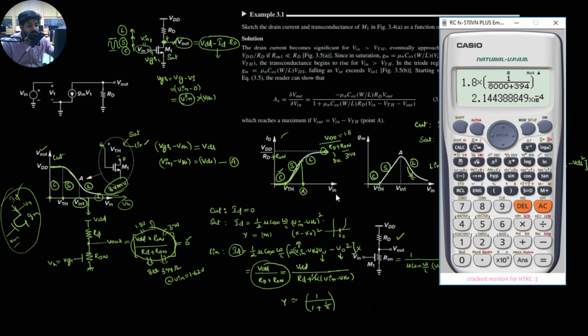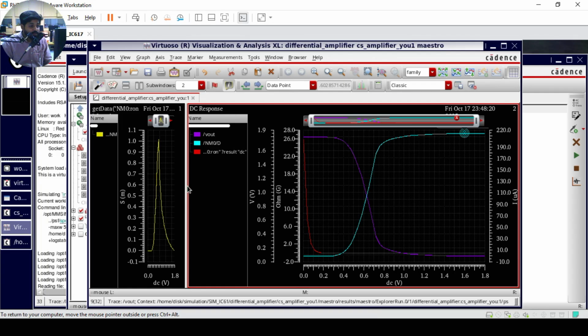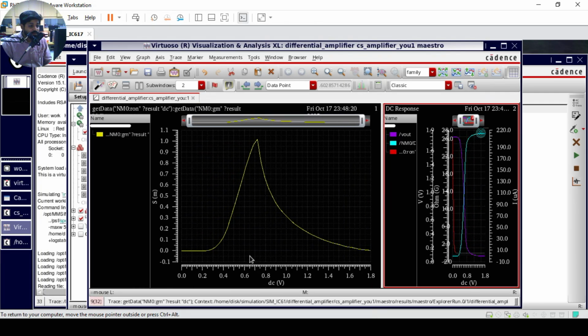So with respect to the variations of the V input, we observed the variations of the V output, and in a similar way we observed the variations of ID also. Now we'll go with the third graph, the variations of GM with respect to V input. Let us find. This is the graph that we have already plotted. Up to some extent it is in cutoff.